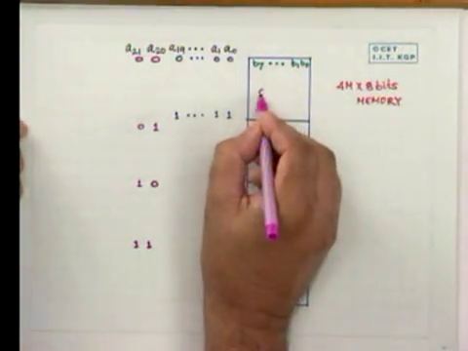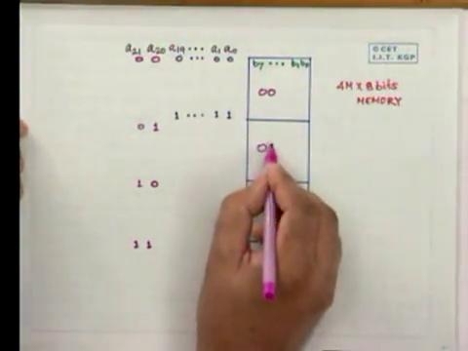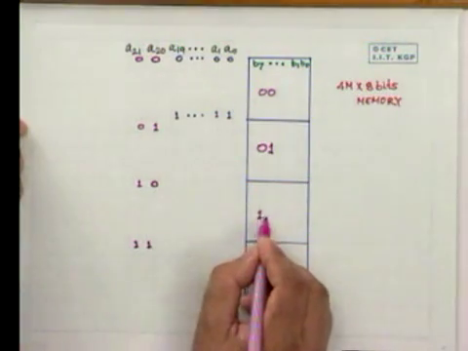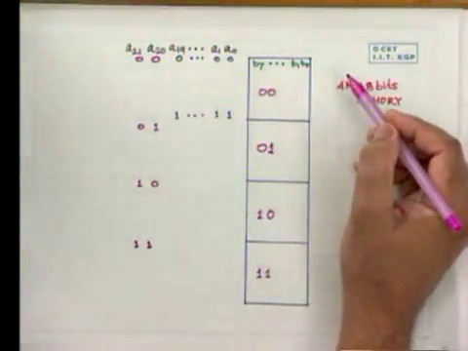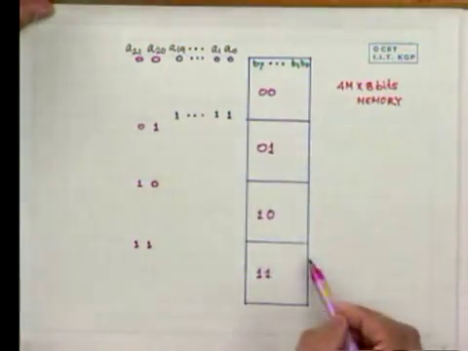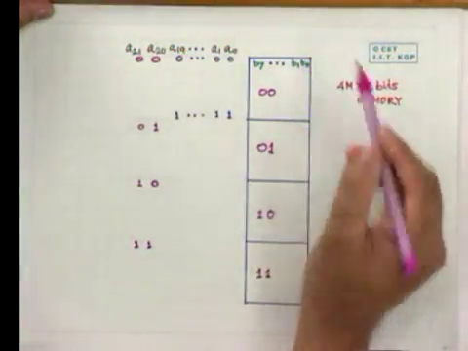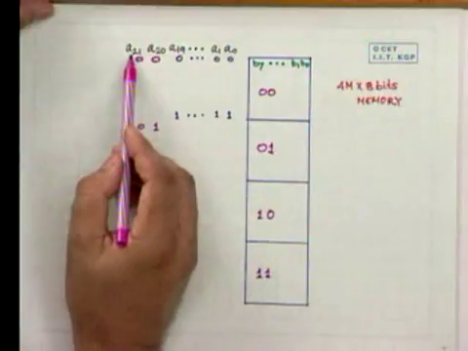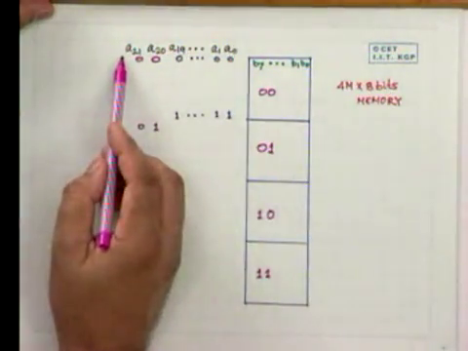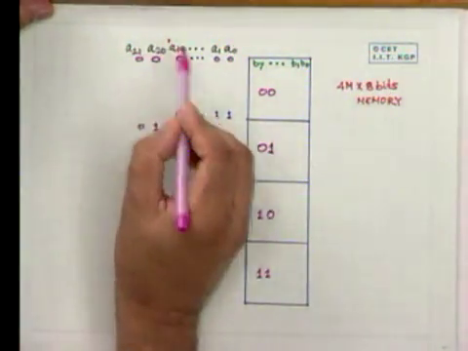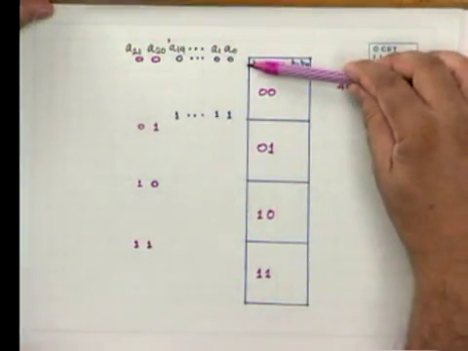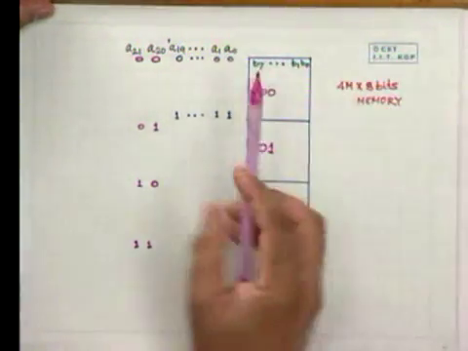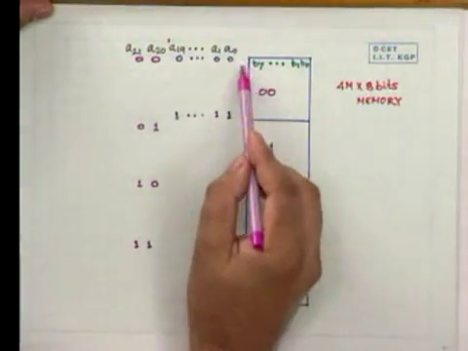Similarly, this should be 10 and this should be 11. Therefore, to address 4 megabytes of information, we will need 22 bits, A0 to A21, out of which up to A19 will give you 1 megabyte accessing, from all zeros to all ones here.